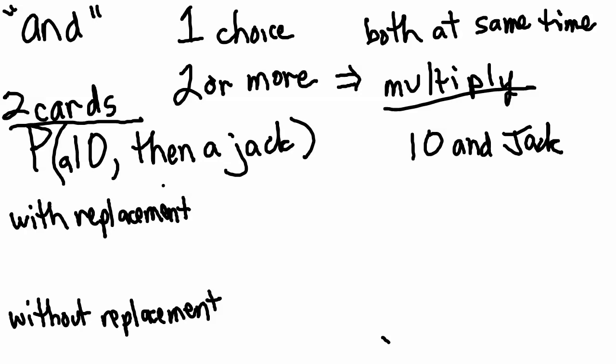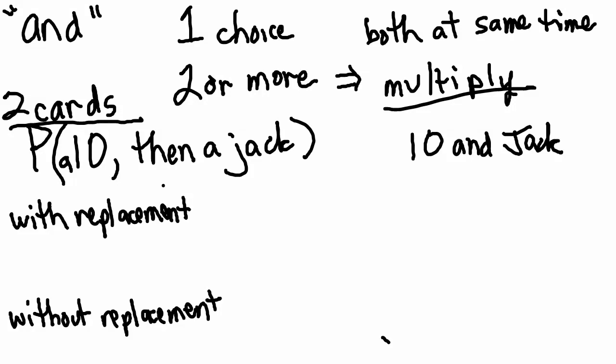Without replacement means you pick a card and you keep it, then on your next pick, you only have 51 cards. So without replacement means you pick it and you don't put it back. So you always have one less.